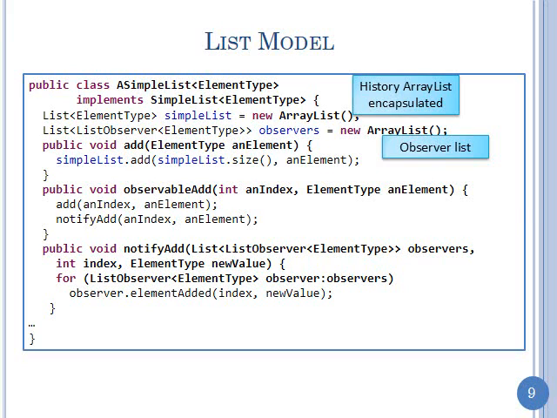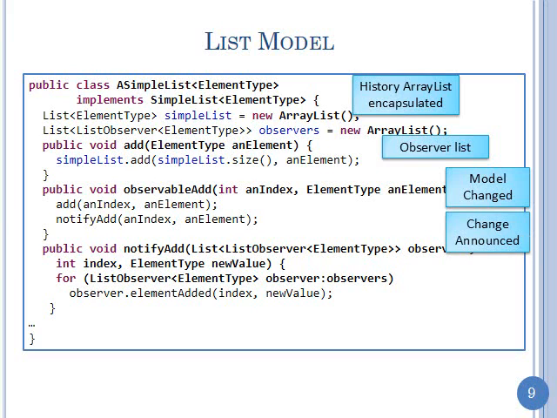Okay, and now, in this particular implementation, and you'll see that's useful, there's an add that doesn't notify, and there's an add that notifies. Okay, the one that notifies is called observable add. And what it does is it does the regular add, and I should bring the pointer here.